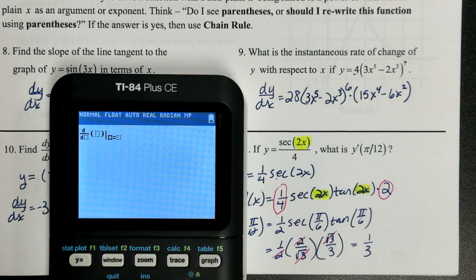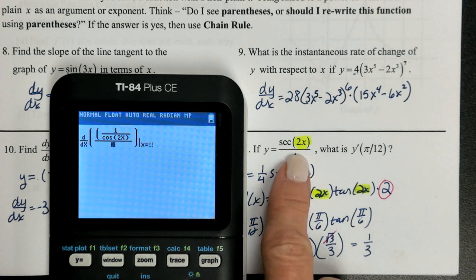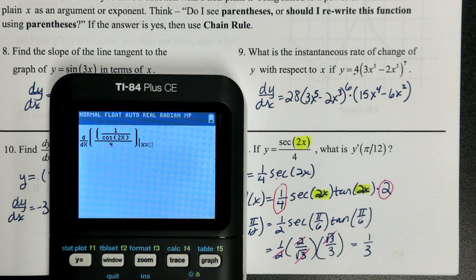Math 8 with respect to x. I guess I'll do this. Secant is 1 over cosine, right? 1 over cosine of 2x. And then we have this 4 in the bottom, right? I didn't have my closed parentheses there.